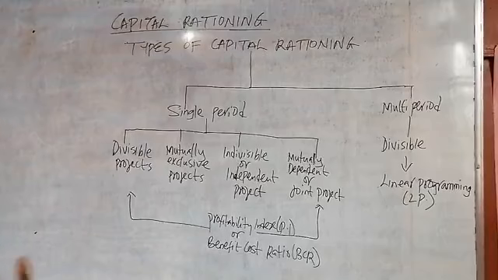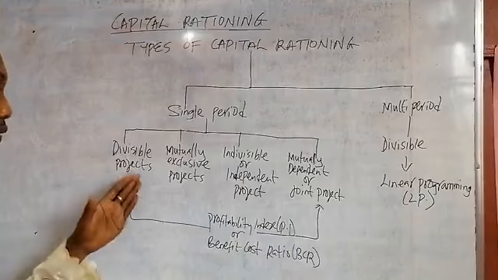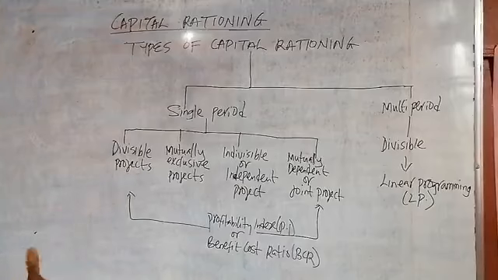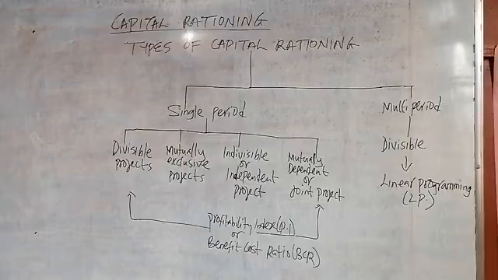External capital rationing is a situation whereby market forces affect the company's source of funds externally, such as a restriction from the bank, in which the company may lack a good credit rating, so the financial institution does not give the company money to invest in projects.